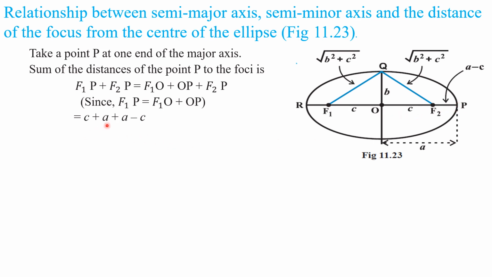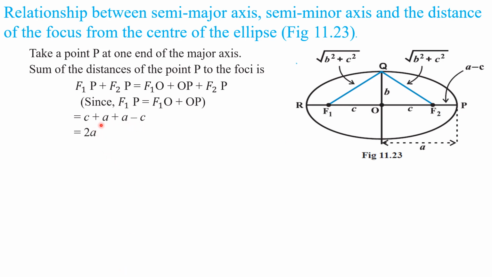Yes, A units. Understood this second term, plus the third term F2P. We have found F2P as A minus C. Understood these last two terms, my children? That is equal to 2A.